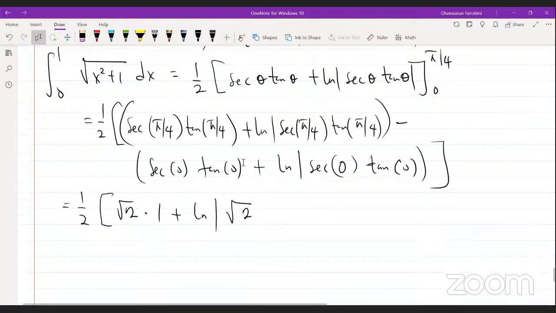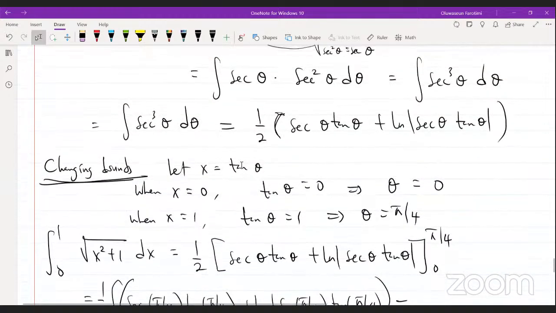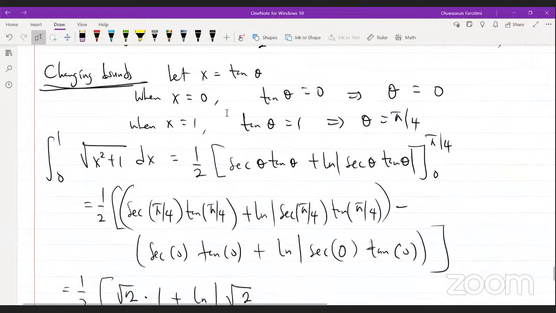Okay, looks like I'm missing something, guys. This is what I'm missing. Over here, there's going to be a positive here. All right. So it should be ln of secant theta plus tan of theta. Okay. There's a positive sign here, guys.